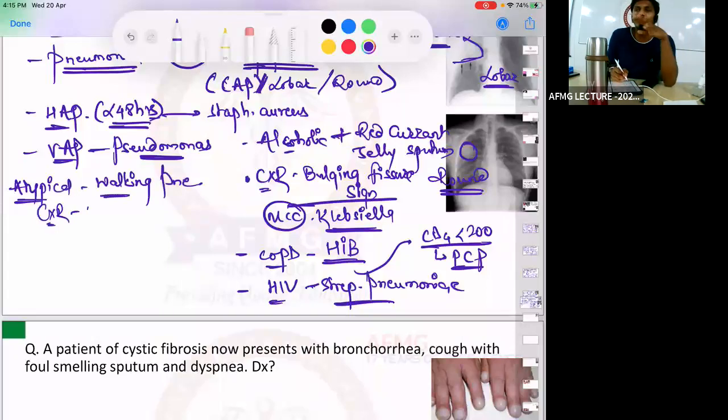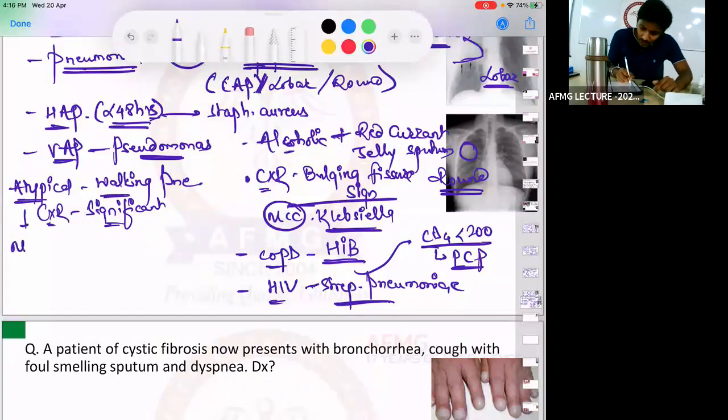So if the patient is having less symptoms but chest X-ray showing significant changes, you will think in terms of atypical or walking pneumonia.